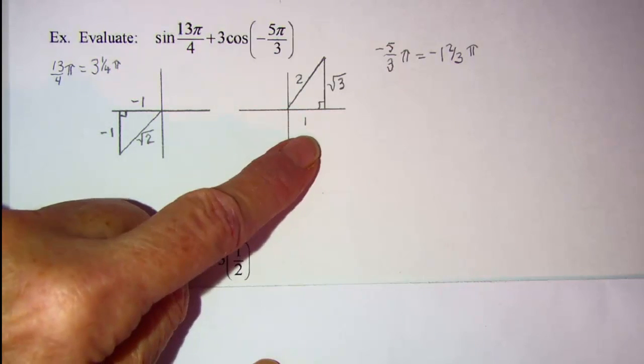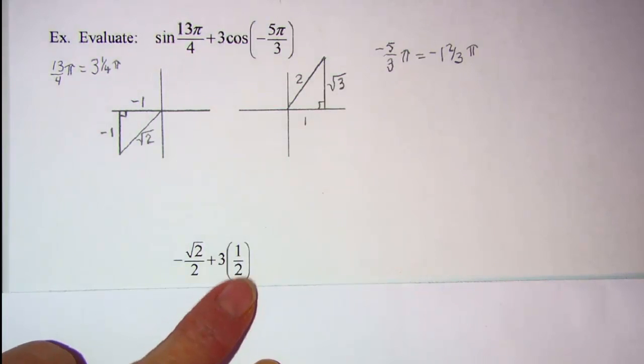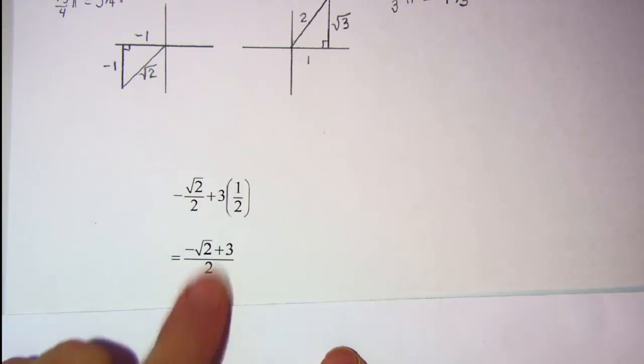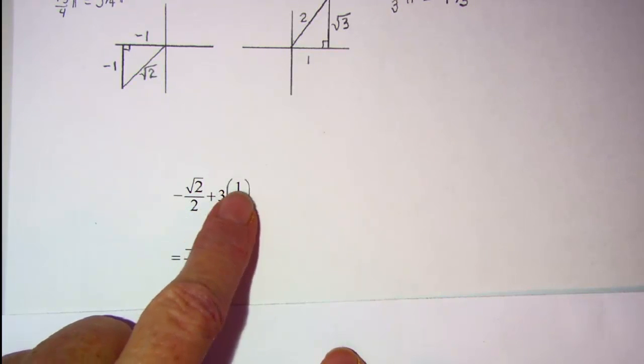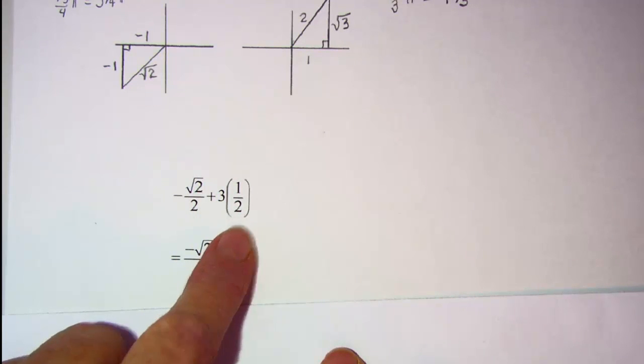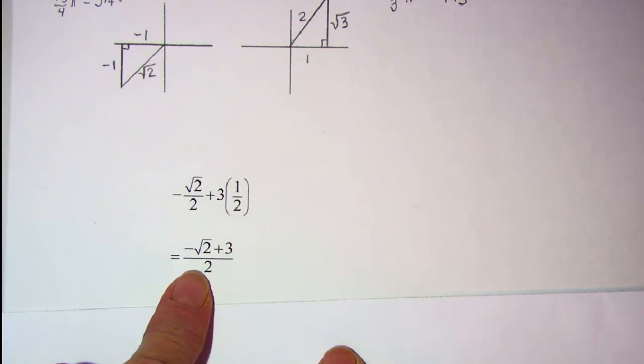Cosine is adjacent over hypotenuse, so that's 1 over 2. I have a common denominator of 2, and when I multiply here I get 3 over 2. So this expression simplifies to negative √2 plus 3 all over 2.